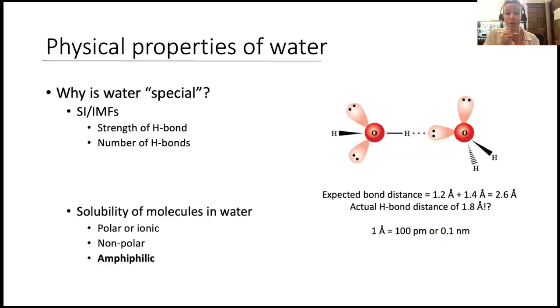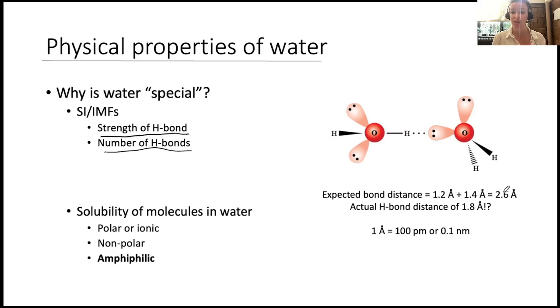What else should we come into this class already knowing about water? Well, water is a little bit special because of the types of intermolecular forces, or IMFs, it can do. It makes very strong hydrogen bonds, and it makes a lot of them, okay? So here on the right I have a diagram showing you kind of a hydrogen bond between two water molecules.